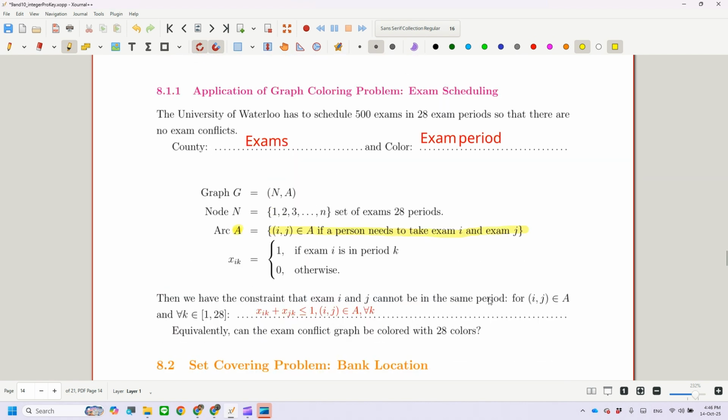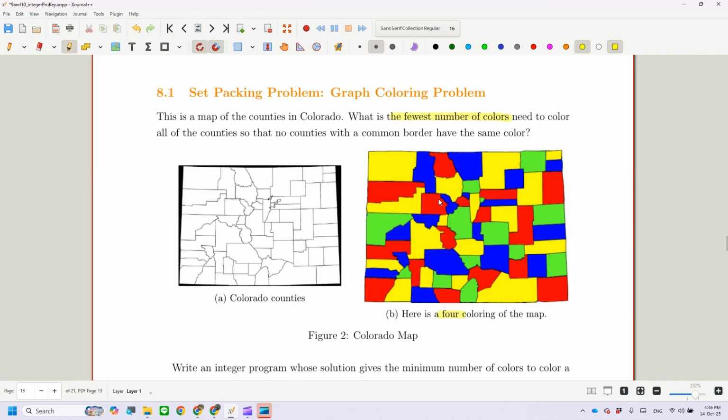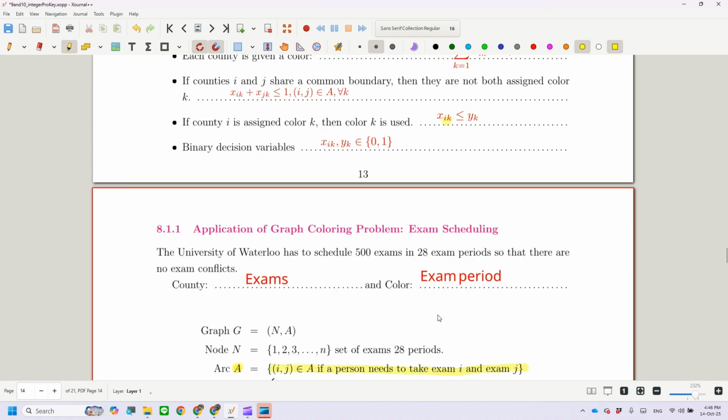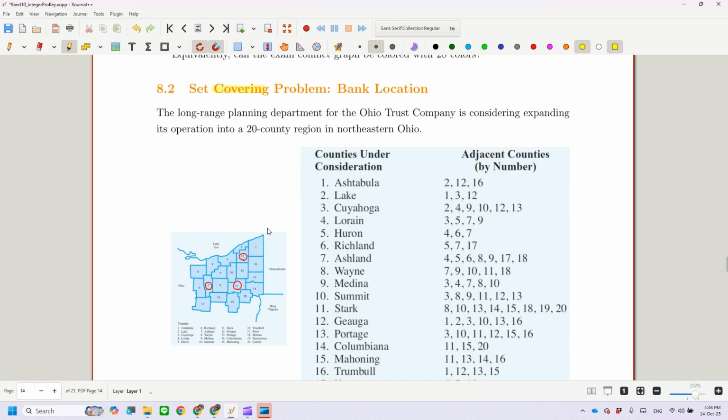Okay, so we looked at the set packing problem, and now we are going to look at the set covering problem. Okay, so the idea, again, we look at a map, and here we have a bank operation, and the bank wants to cover 20 counties.